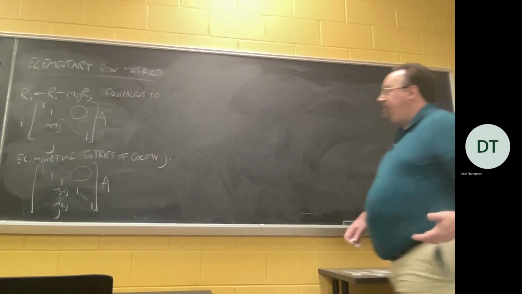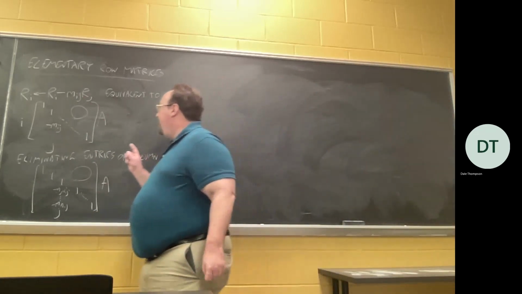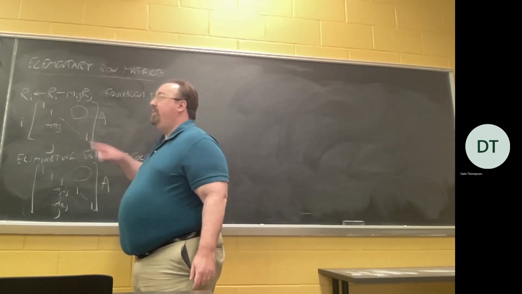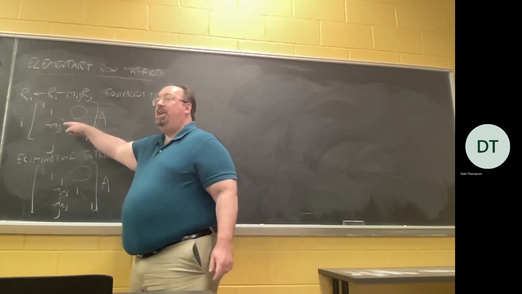And really what's happening is, when I'm working on column J, first I'm multiplying by one of these matrices where I is J plus 1. Then I'm multiplying by another where I is J plus 2. And I keep multiplying by matrices of this form.